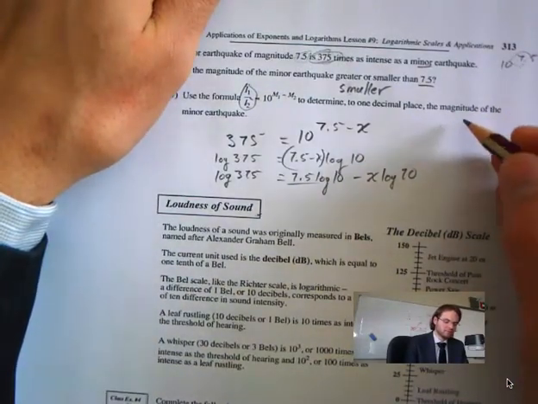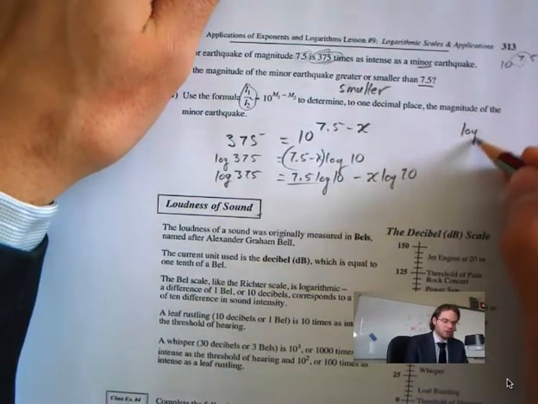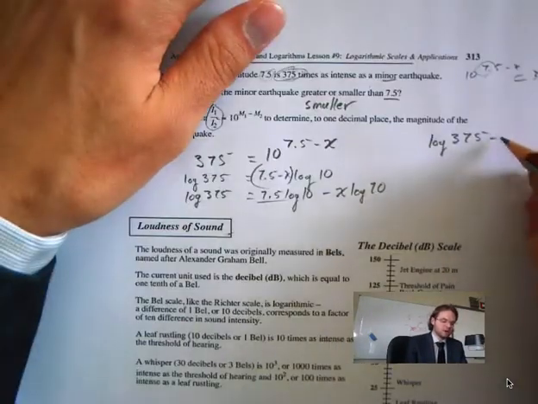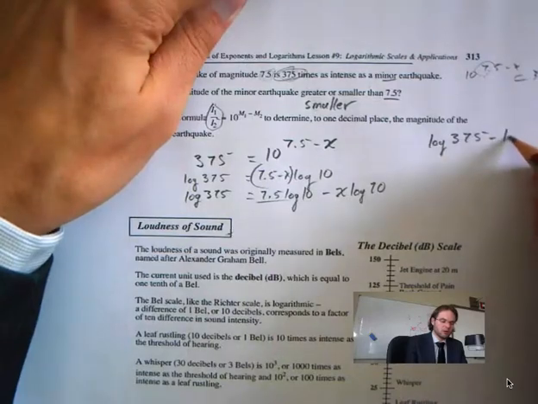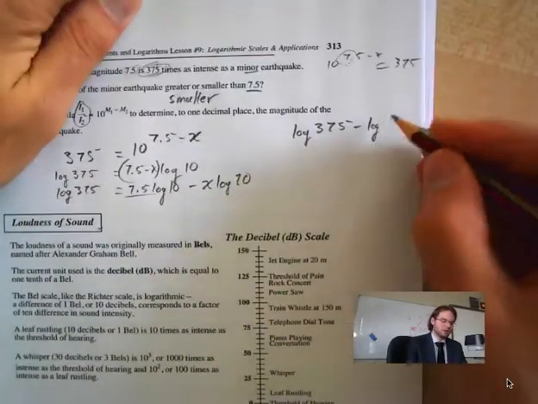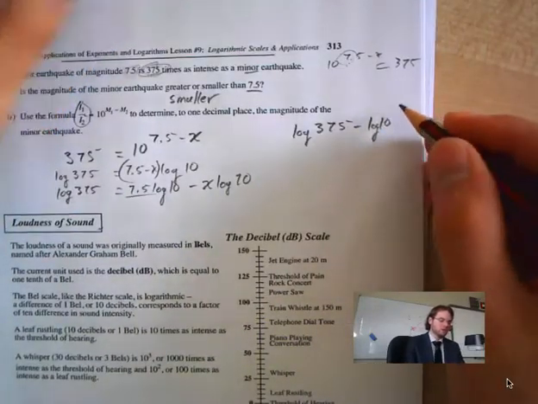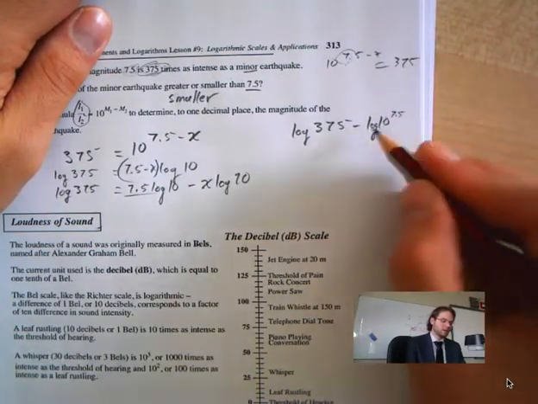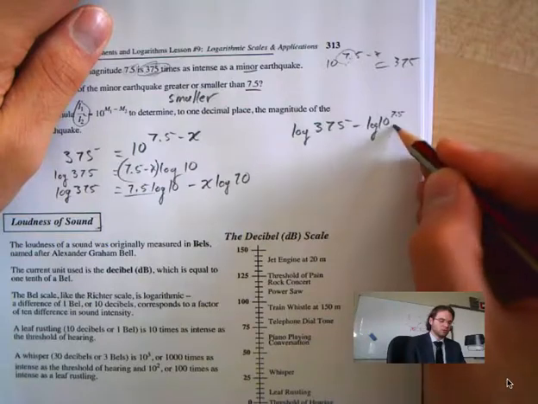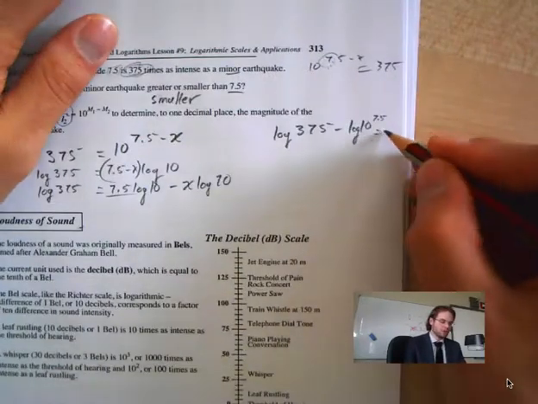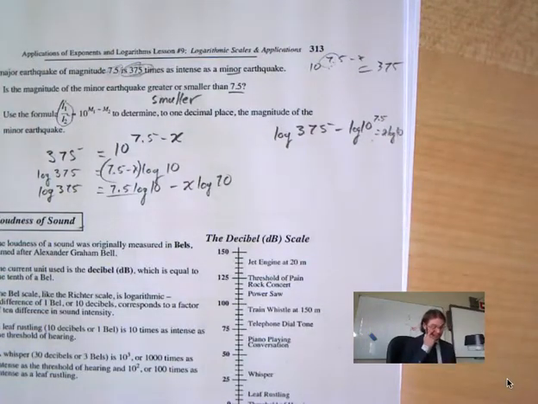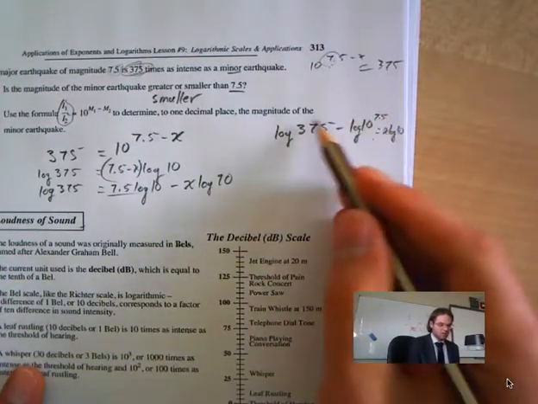So that's log 375 subtract log 10 to the 7.5, and that is all equal to, I'm running out of room here, negative x log 10. Okay? So when I do this, we could combine this.